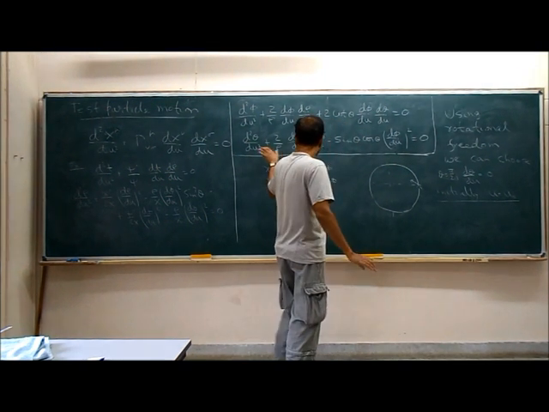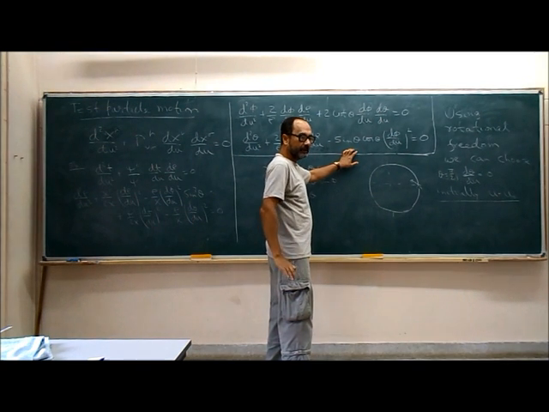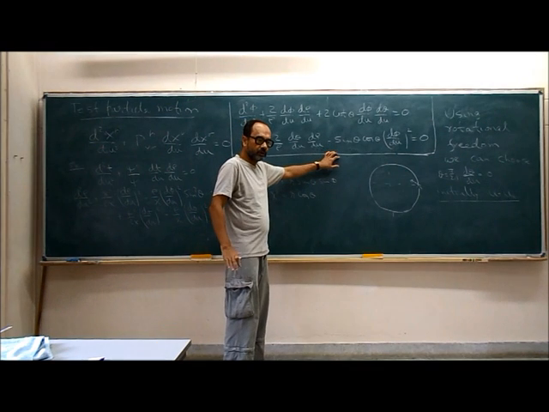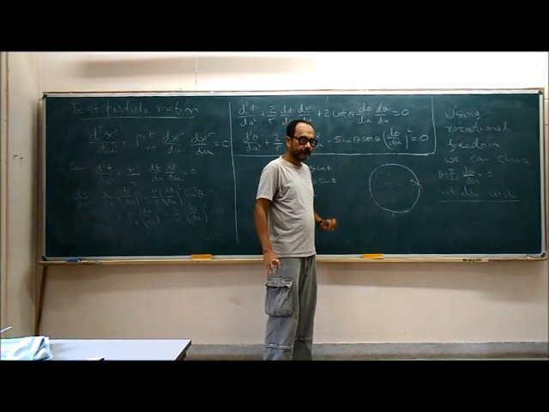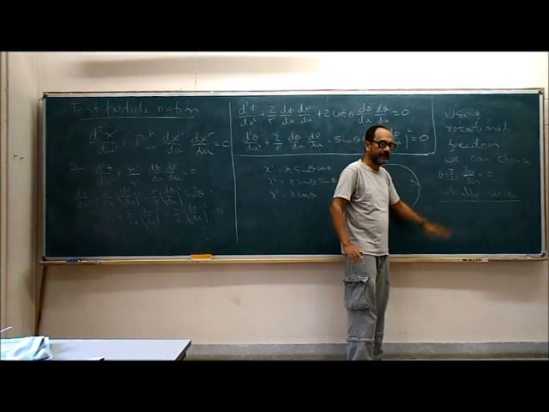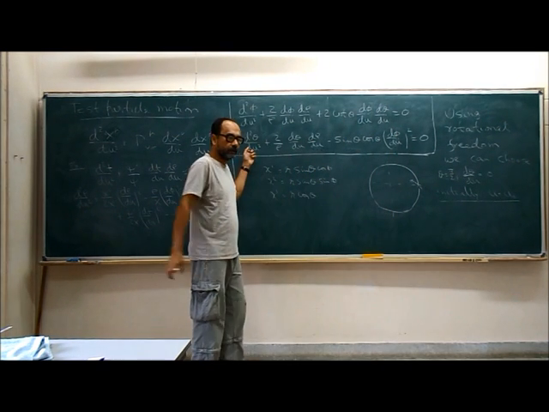Now think of this as an equation for theta. Viewed that way, this equation should have a solution, and it should have a unique solution if the initial conditions for theta are fixed. And the initial conditions for theta are indeed fixed. So there is a unique solution to this, and that solution is theta equal to pi by 2.